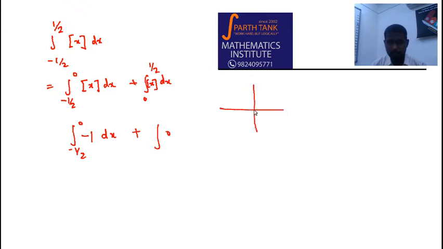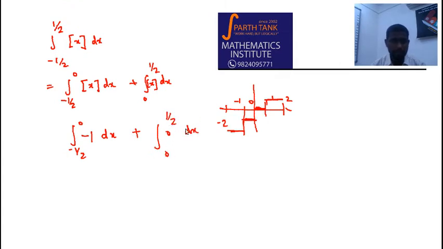Remember, box x goes like this. Here it is 0. Between minus 1 and 0 it is minus 1, and below that, minus 2. Here in this region it is minus 2. In this region it is 1, and so on. So we are concerned about this region. There it is minus 1, and in this region it is 0.